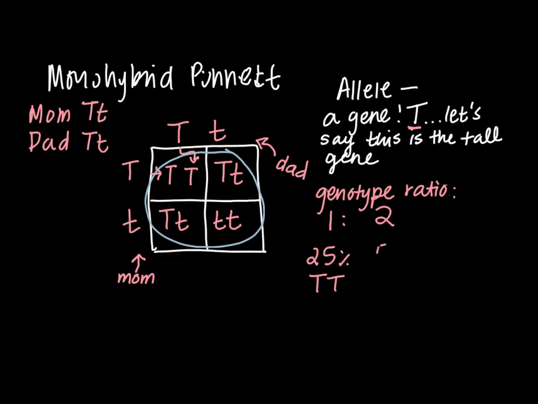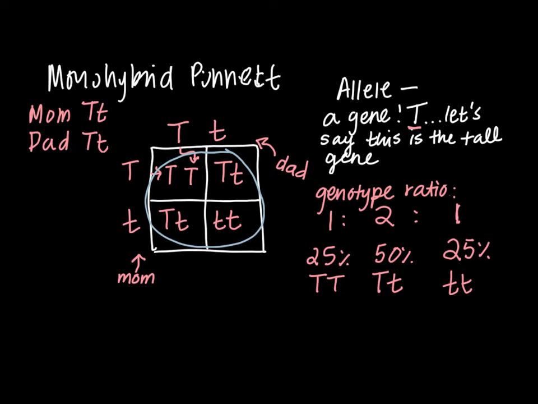Or you could also say there's a 50% probability that the kids will be heterozygous. And then lastly, 1 out of 4 might be little t, or there's a 25% probability that the kids will be little t.